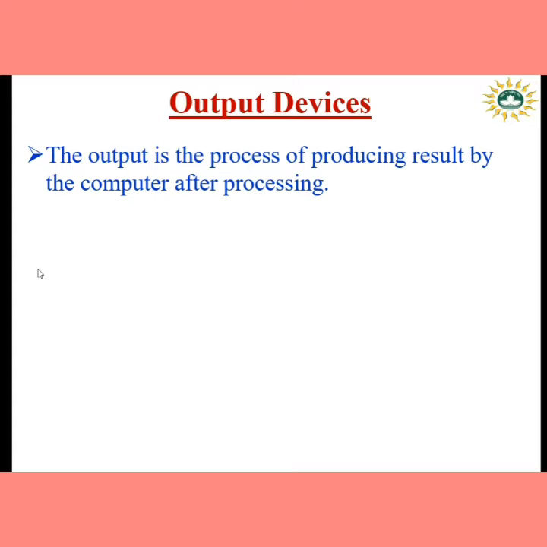After taking the input, the computer always processes the input data. So what is output? Output is the result that the computer gives us after processing. Clear? Processing করার পর যে রেজাল্টটা আমাদের কম্পিউটার দেয়, that is called the output. Now the output can be any number, any letter or any image, etc.